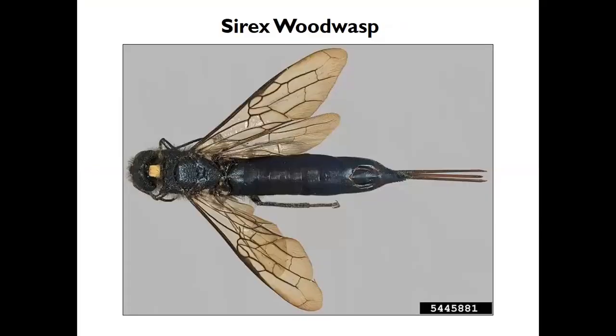The Sirex woodwasp was detected near Detroit, Michigan in the late 1990s. It's now spread to 14 other states and Canadian provinces, and it's expanding. Excuse me, I was wrong there, I was talking more about the emerald ash borer. Sirex woodwasp females carry a fungus that they lay on trees when laying their eggs.